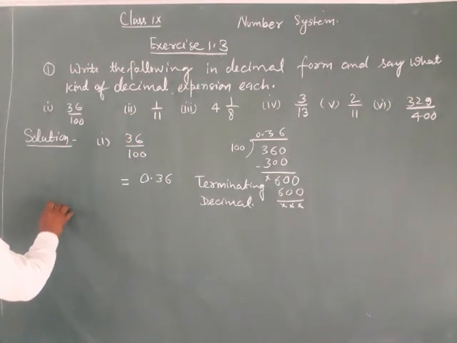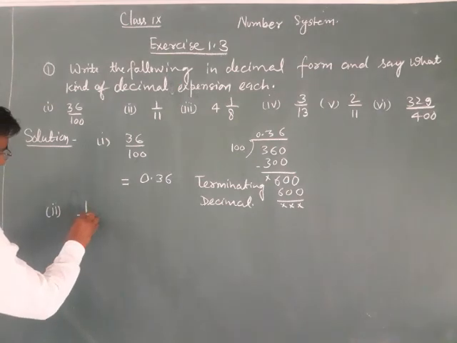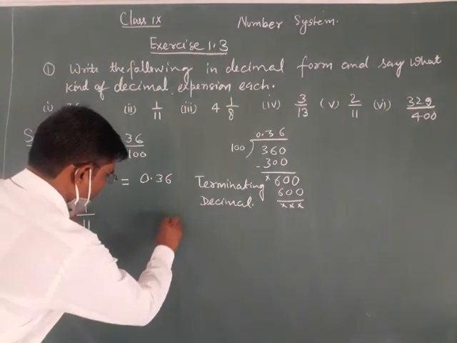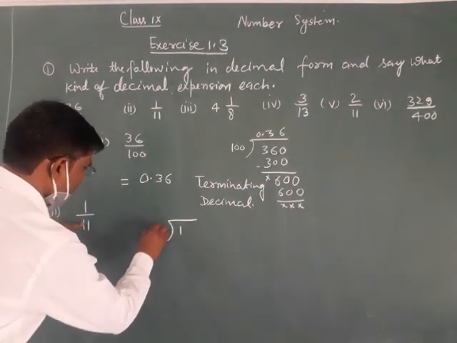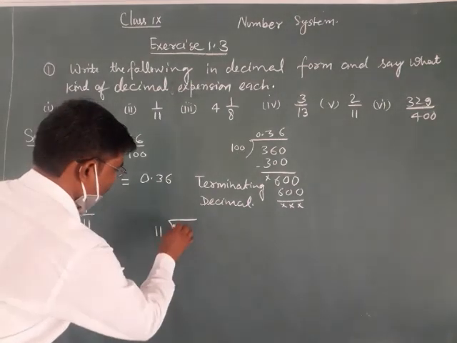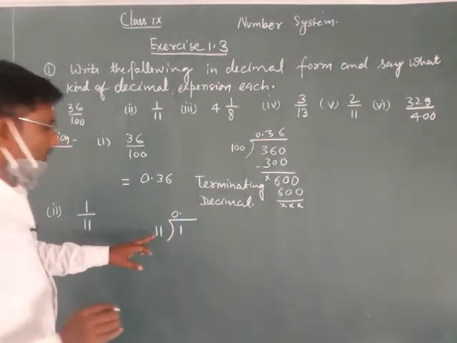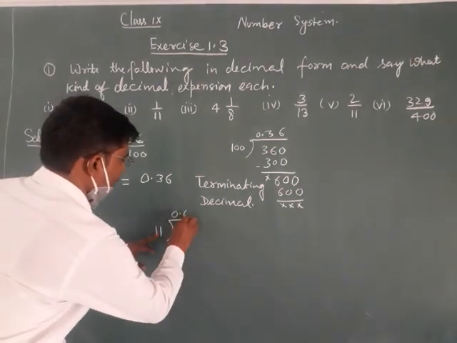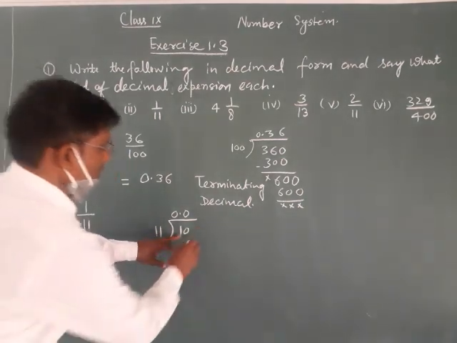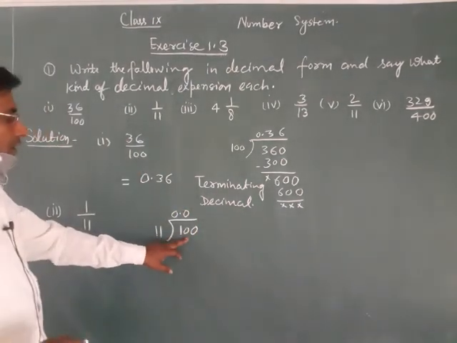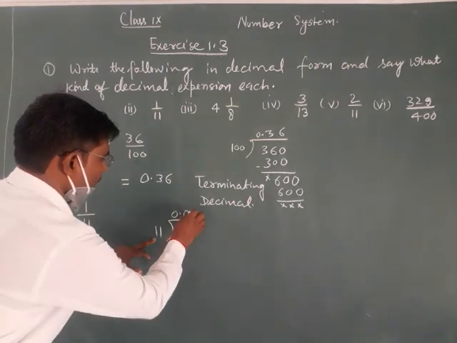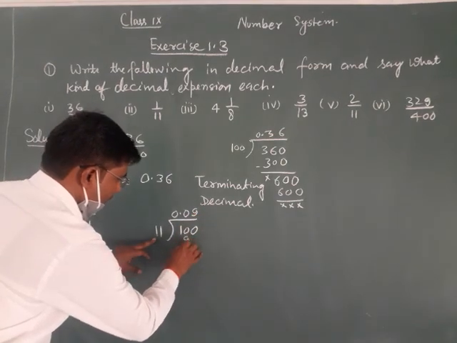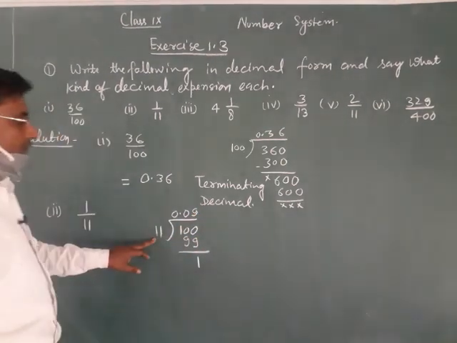Again second part, so 1 upon 11. So now proceed, 1 divided by 11. So now this is point. So 10 is less than 11, so this is going on 0. So this is increased 0. So 100, 11 times 9 is 99. So remainder 1.